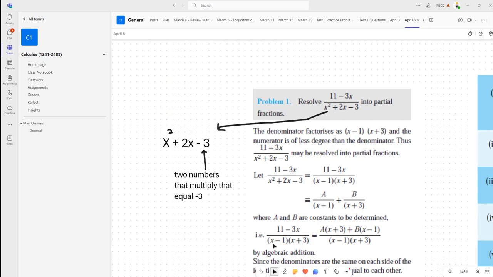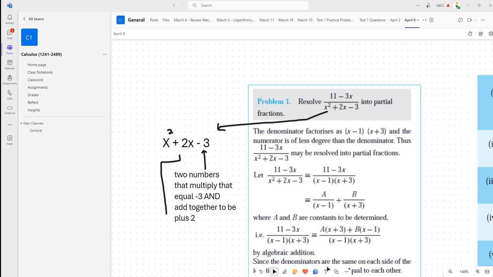And then for the 2x bit, what has to happen, and this is a rule, is that both numbers have to satisfy it. Whatever numbers multiply together have to equal minus 3 and add together to be plus 2. So two numbers that multiply to equal minus 3 and add together to be plus 2.